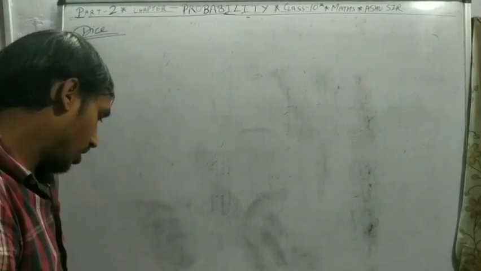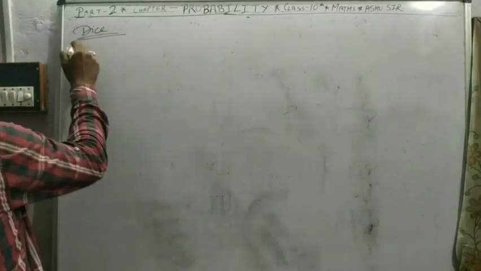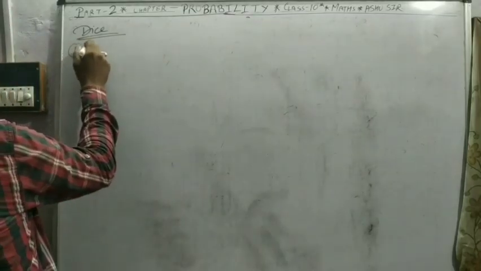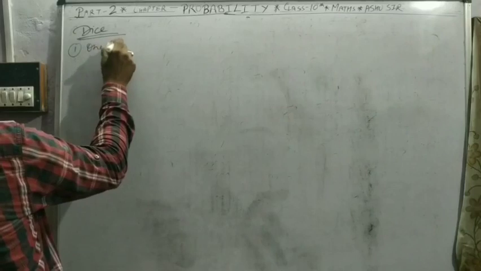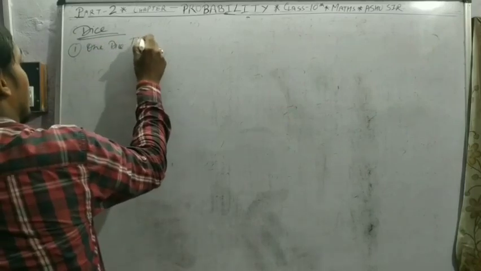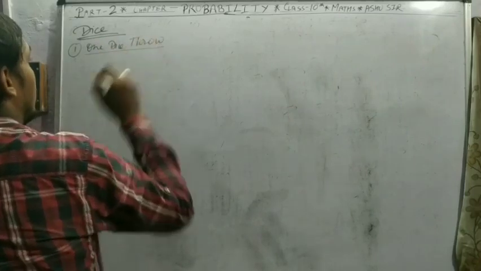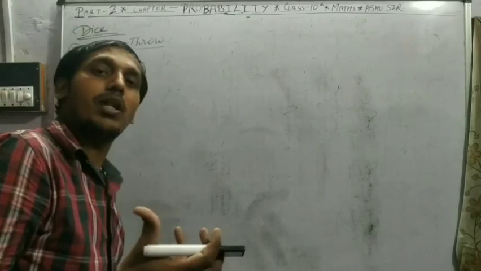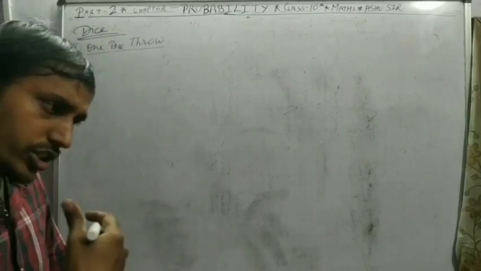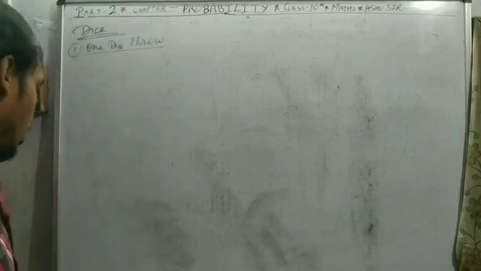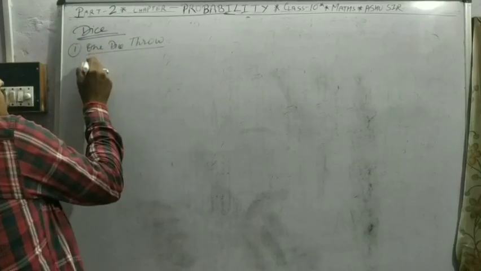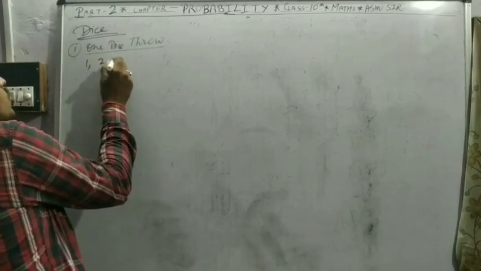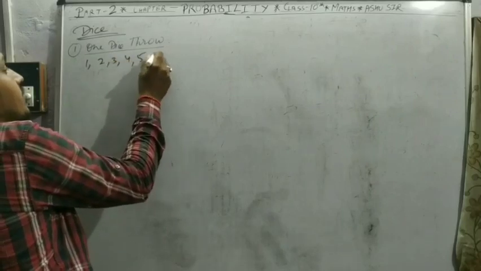So, when we throw 1 dice, what types of outcomes do you get? Many questions come from this topic. So what types of outcomes? Either you get 1, 2, 3, 4, 5, 6.